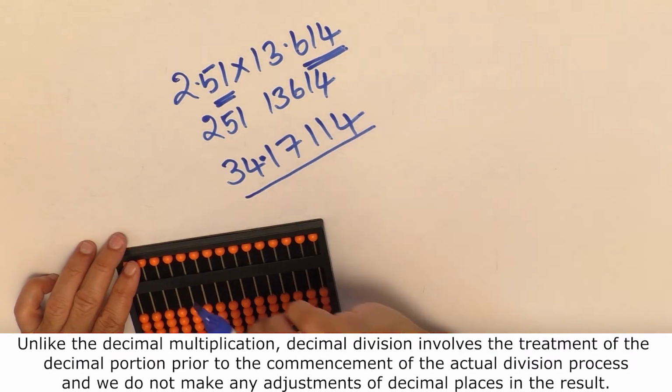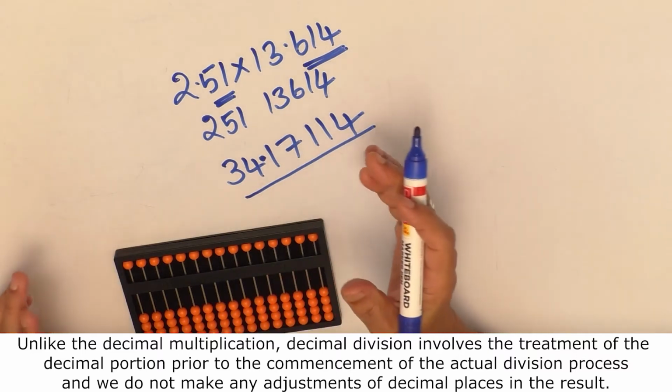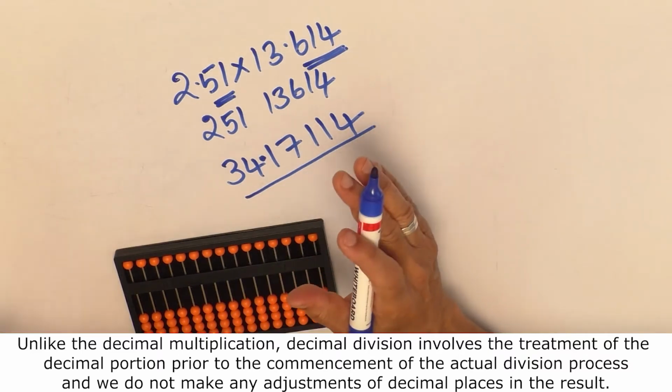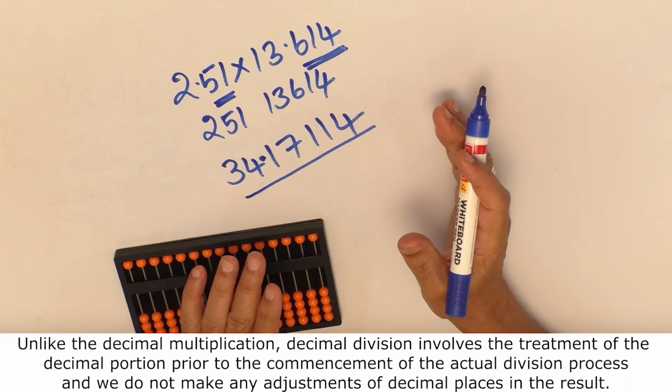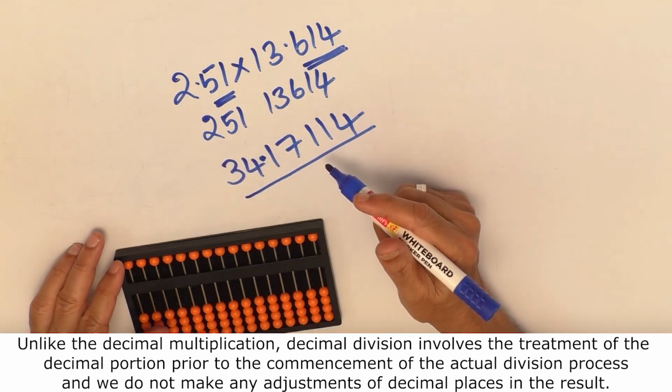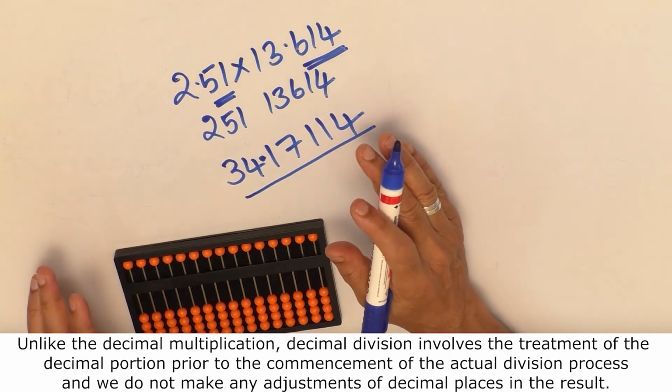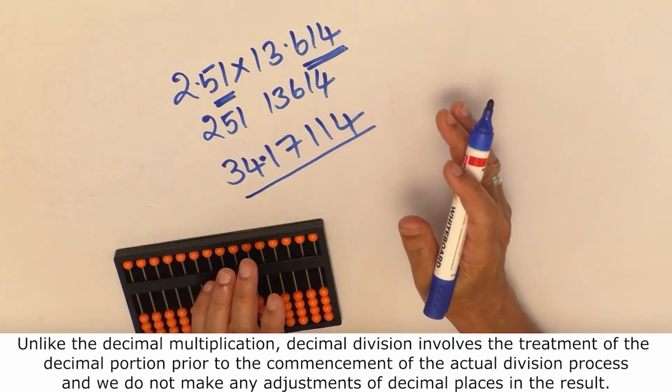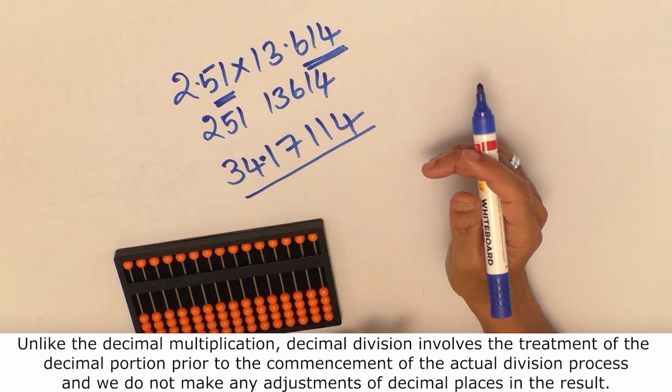Unlike the decimal multiplication, decimal division involves the treatment of the decimal portion prior to the commencement of the actual division process, and we do not make any adjustment of decimal places in the result.